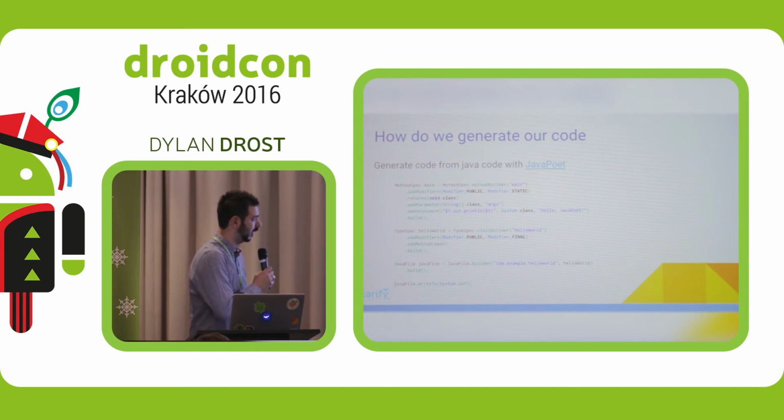Like you have a method spec, and you pass in the name, like main. You pass in which modifiers you want, public, static, and what the return type is, void. So this will generate a public static main method with the arguments, and it adds a statement in the method, which just prints out hello Java Poet.